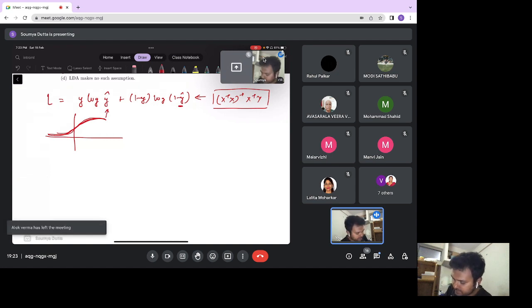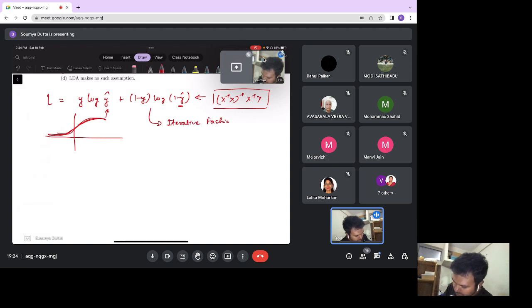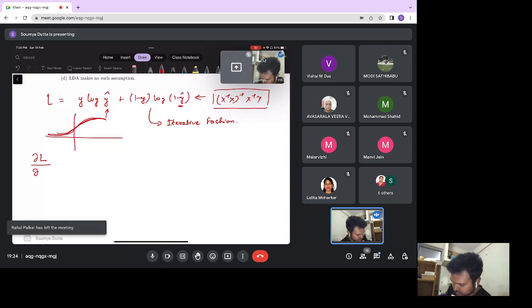And therefore this is solved in an iterative fashion. There is something called gradient descent. You need to find out the gradient of the loss with respect to the parameters. The parameters would be beta.